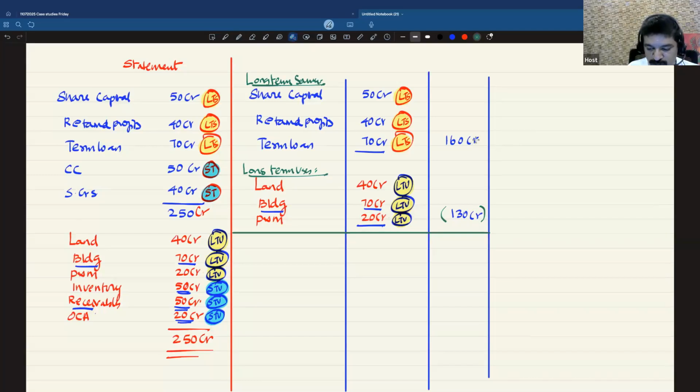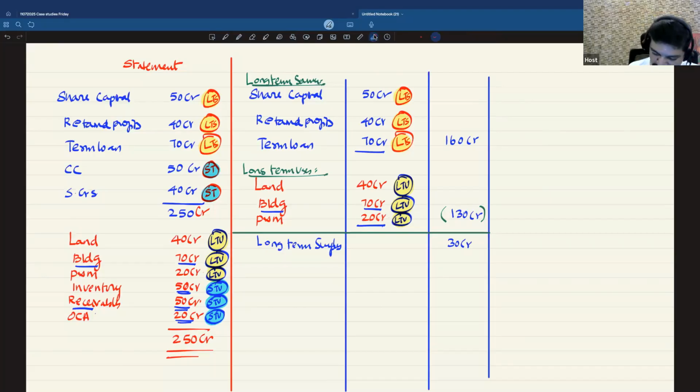The long-term source is 160 crore, whereas usage is only 130 crore. It means what you have is a long-term surplus, and that is 30 crore.